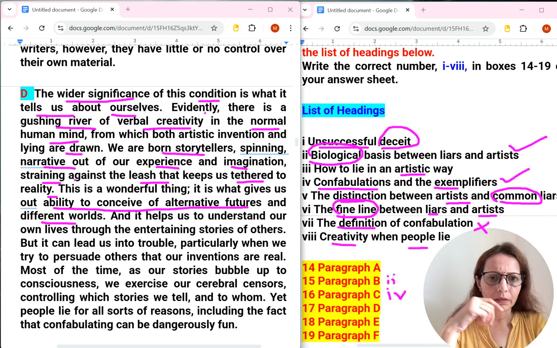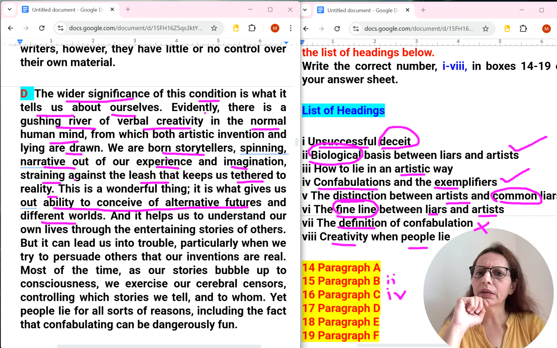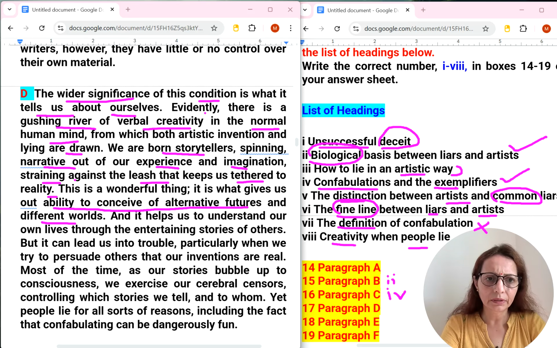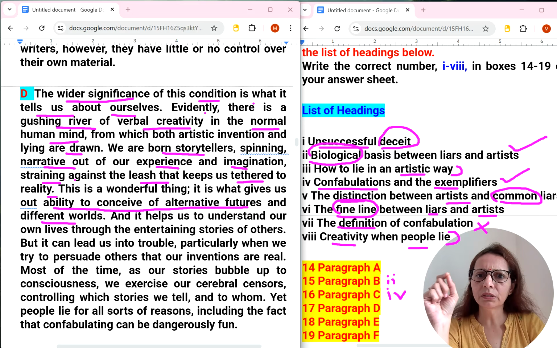Okay, fine line between liars and artists, definition, creativity when people lie. Deceit is also not there. How to lie in an artistic way. It means they are talking about either third or eighth number. The wider significance of this condition is what it tells us about ourselves.